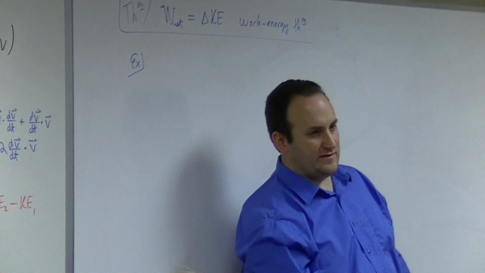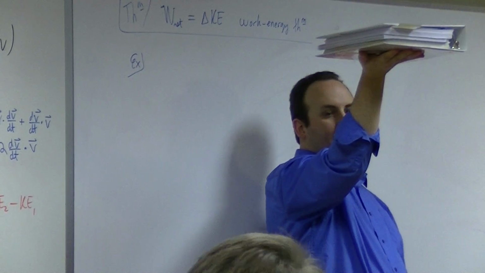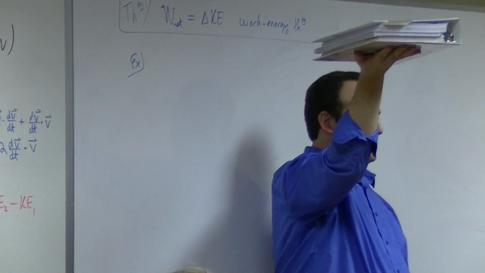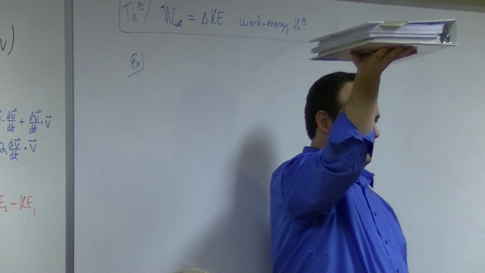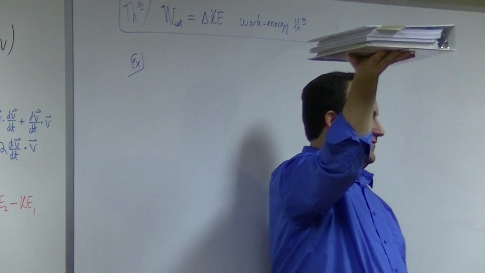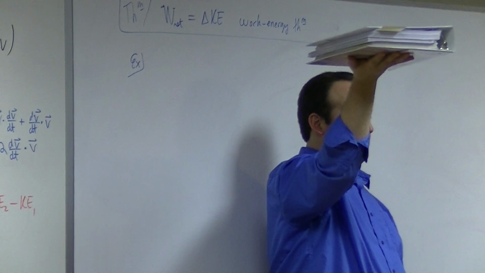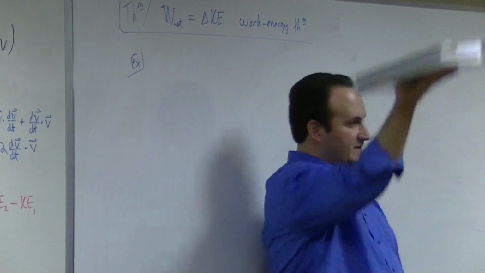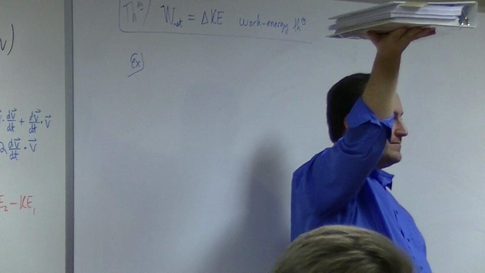Actually, it doesn't really matter how I raise it. Suppose I raised it a meter. I have no idea, but suppose it was raised a meter. Then I can ask, what's the net work done by gravity? What's the net work done by my arm, going from here to here?